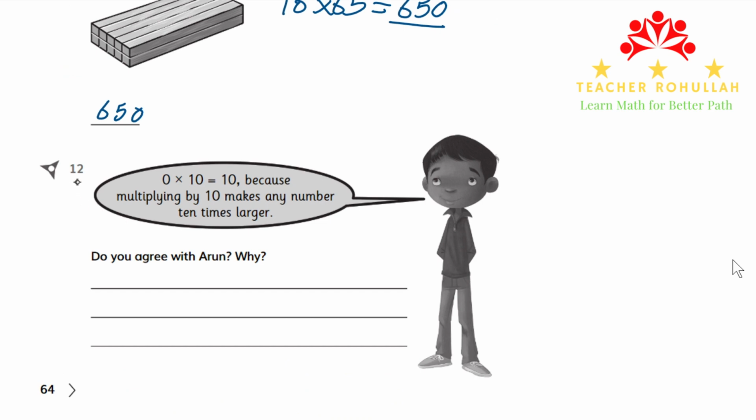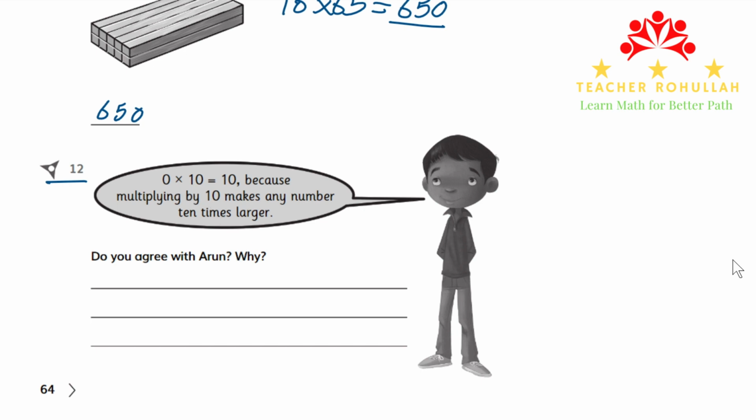Question 12, which is the last question, says 0 times 10 equals 10, because multiplying by 10 makes any number 10 times larger. Do you agree with Aaron, and why?